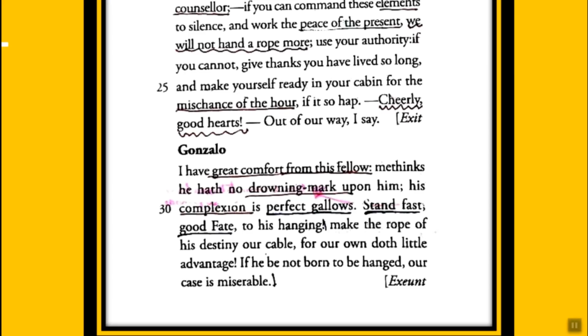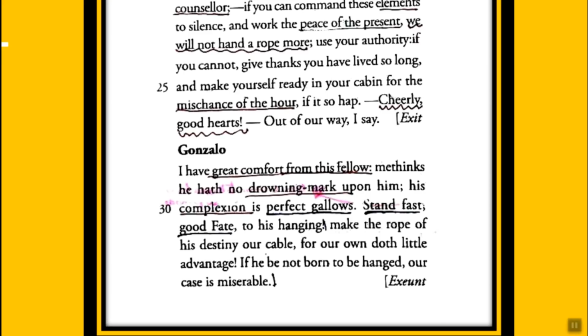Gonzalo: I have great comfort from this fellow. Means I feel good after talking to this man, that is the bosun. Methinks he hath no drowning marks on him. Here the phrase drowning mark is referring to no chance to die by drowning.